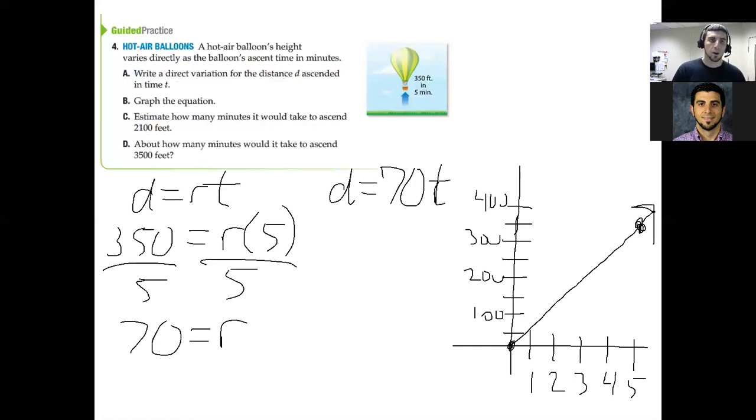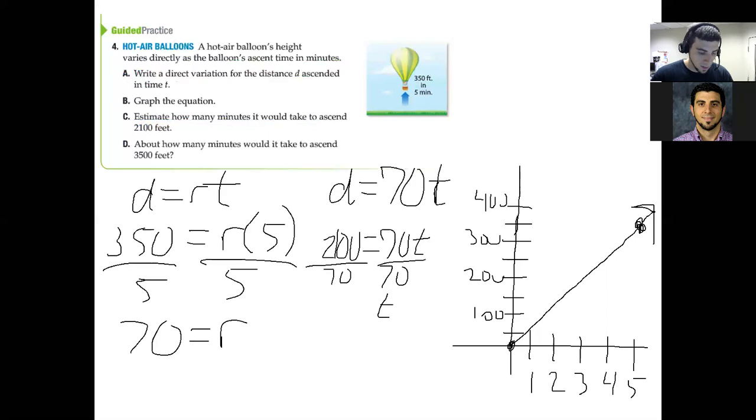Okay? All right, estimate how many minutes it would take to ascend 2,100 feet. Oops, somehow I got on arrows. So 2,100 equals 70t. Divide both sides by 70.